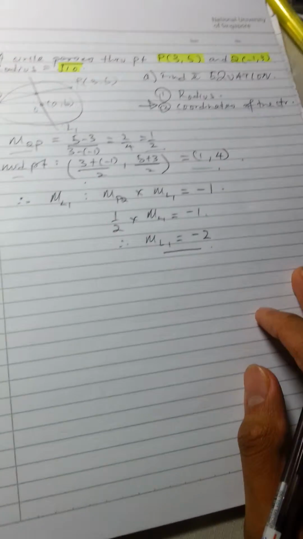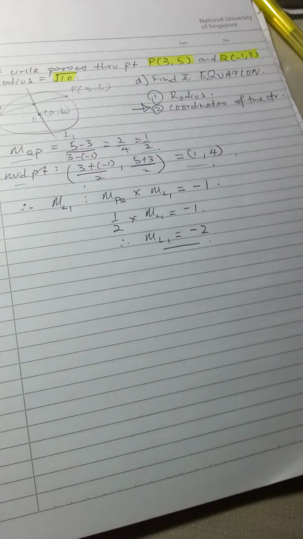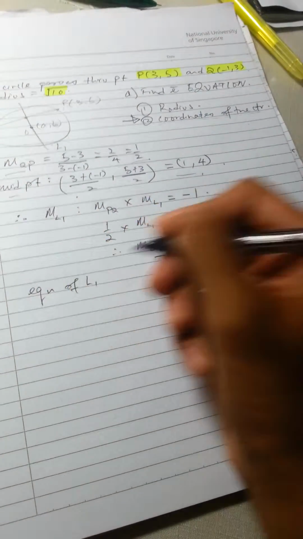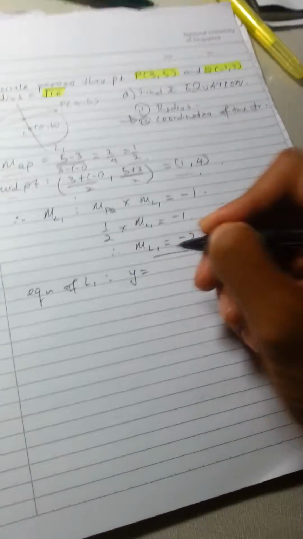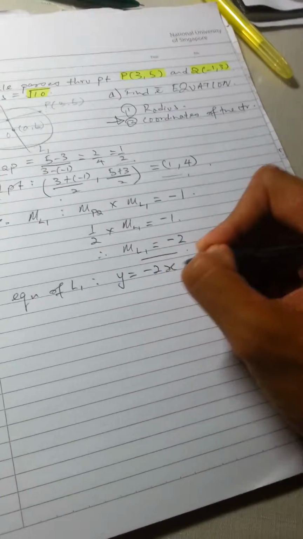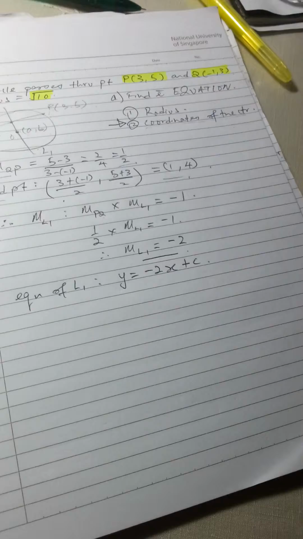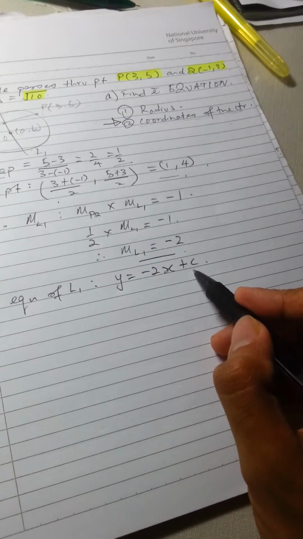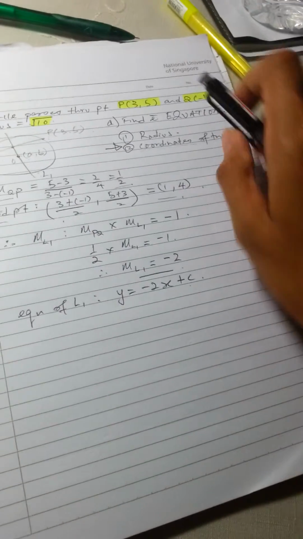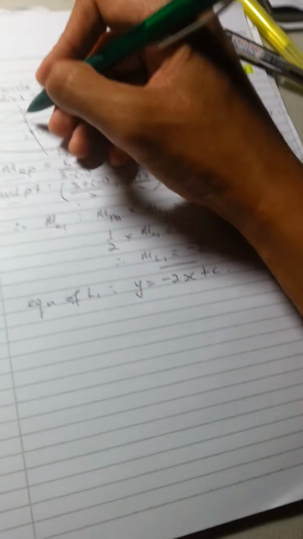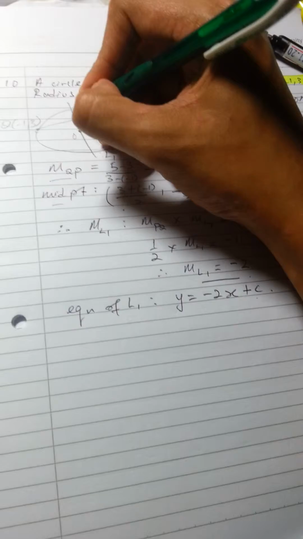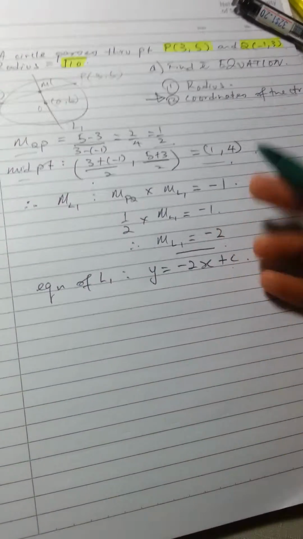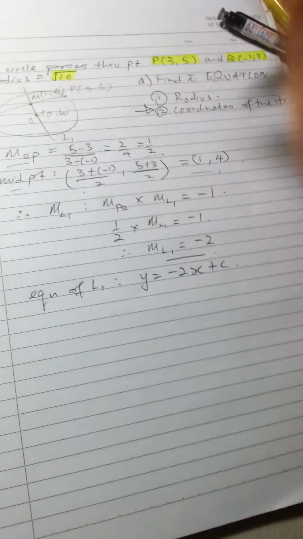Now, since we already know the gradient, we should be able to find the equation of L1, right? So y is equals to -2x plus c. Now, what is c? How are we going to find c? Don't forget that the line L1 passes through the midpoint, and the midpoint, as we have found just now, is 1, 4.